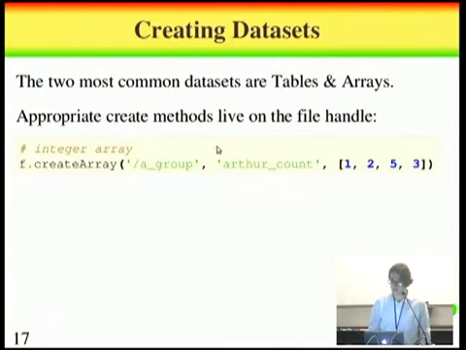Then you tell it what you want that array to be named as a second argument. And then finally, you give it the object that you want the values to be filled with. So here we're counting 1, 2, 5, 3. This is just going to end up being an integer array because this gets piped through NumPy effectively, and every element here is going to get passed to an integer.